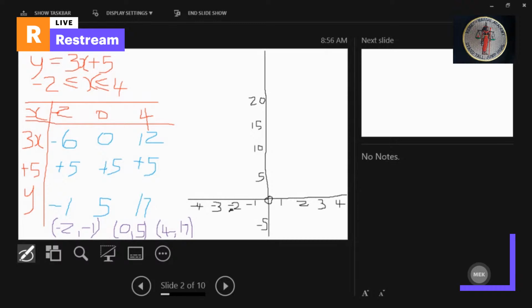So that's 0 on my x. I'm not moving on the x, it's still 0, and I'm going up to 5. And 4 on the x, 17 on the y. So 4 on the x up to 17.